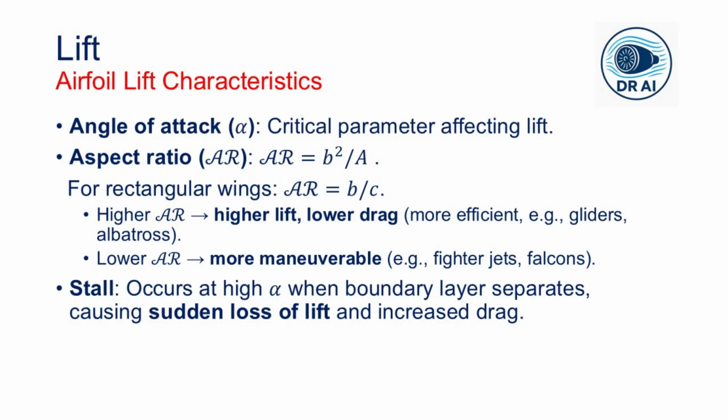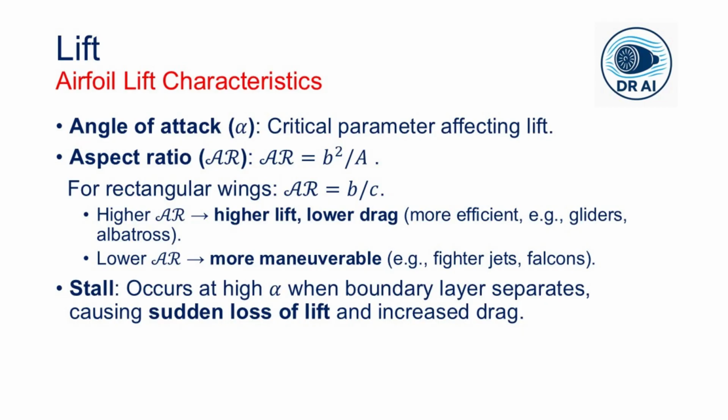The data shows that higher aspect ratio gives higher lift coefficient at the same angle of attack and lower drag coefficient. But why? Because of induced drag, drag associated with the generation of lift. At the tips of any finite wing, there is a pressure difference between the lower surface, where there is higher pressure, and the upper surface, where there is lower pressure.